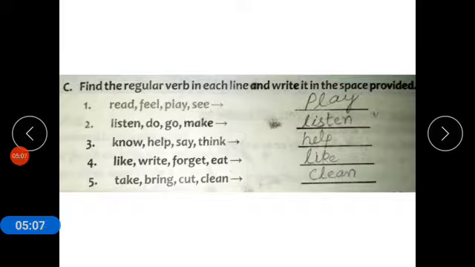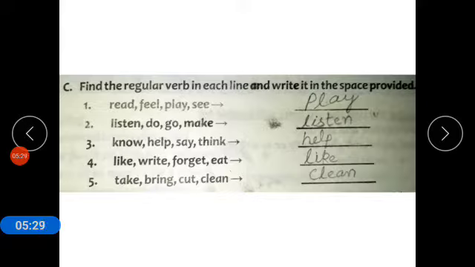Listen, listened, listened. It is a regular verb. By adding ed at the end of the base word, you can form a regular verb. So listen is a regular verb.